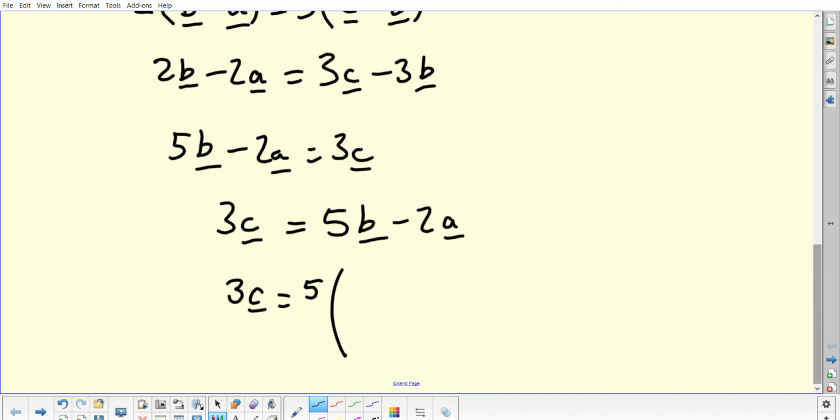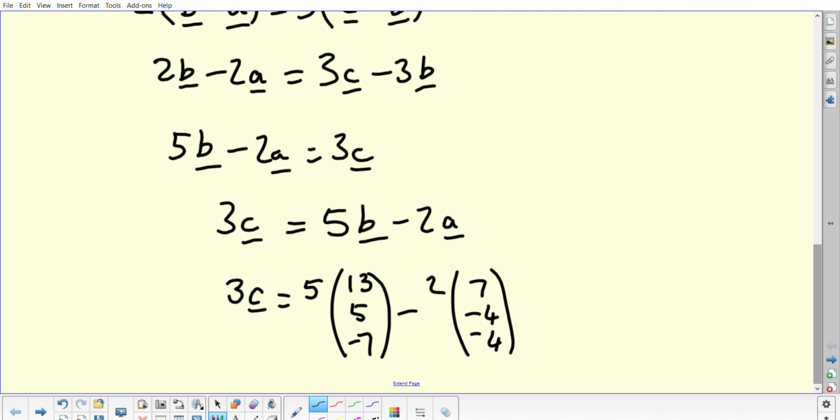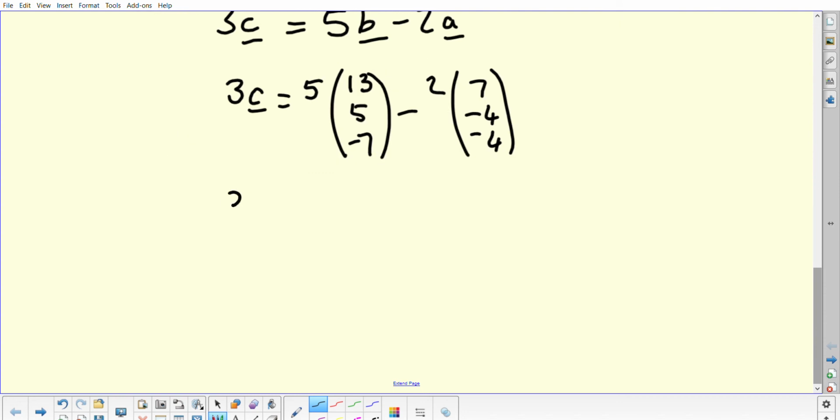So for the position vector for B, remember that's the coordinates for the point B, which were 13, 5 and minus 7. Minus 2 times the position vector A is the coordinates of A, so you've got 7, minus 4, minus 4, and that then gives us the vector.